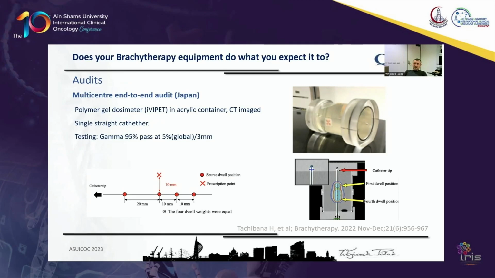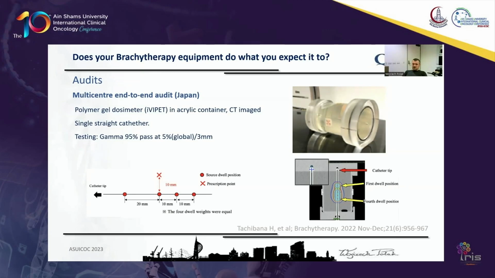And in Japan, because of this incident that I mentioned in the first slide, they decided to test the centers to see how they deliver the treatment and what the differences are. They designed a very simple end-to-end audit with a polymer gel dosimeter, CT imaged, 1 single straight catheter, and the testing criteria was 5%, 3 millimeter global gamma at 95%.